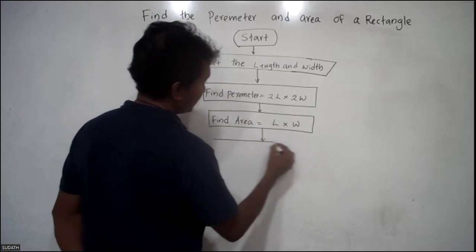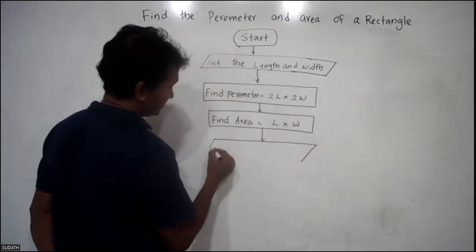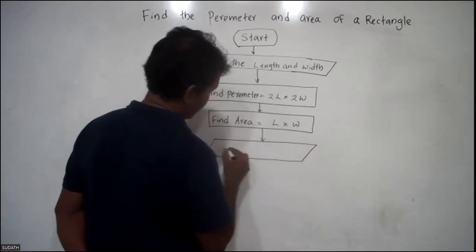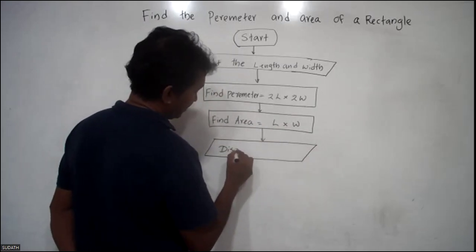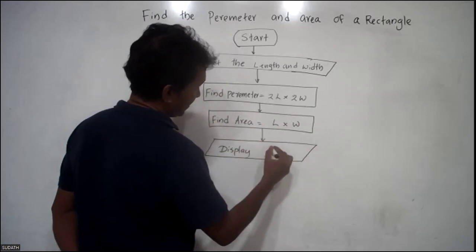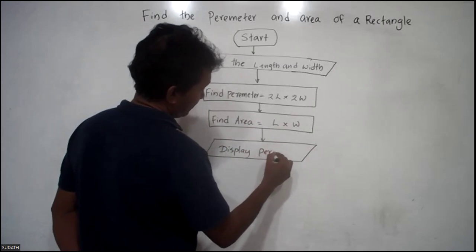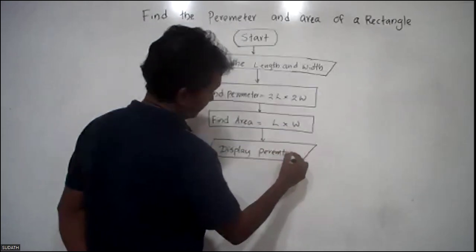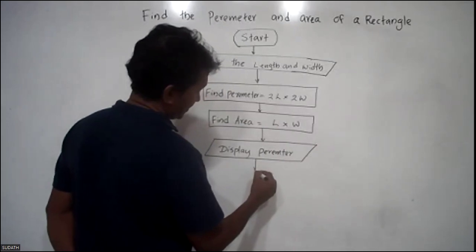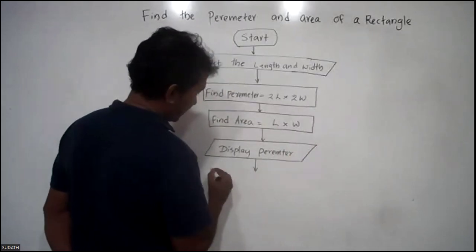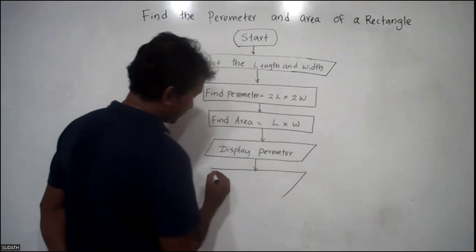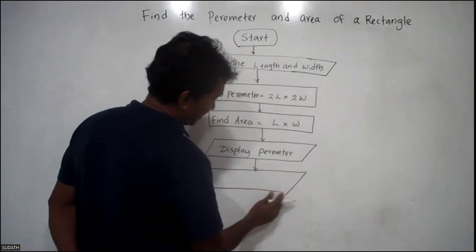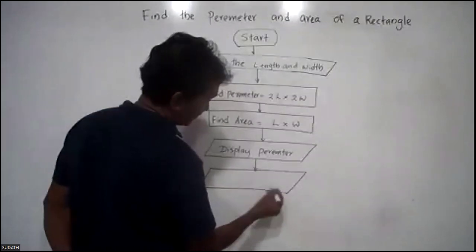Then we can display those values. Display perimeter and area. Those things also we can put into a single output.